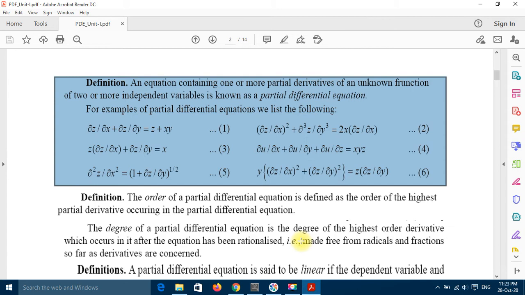Then we find the degree of the differential equation by seeing the power of highest order derivative.